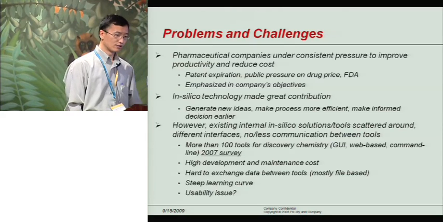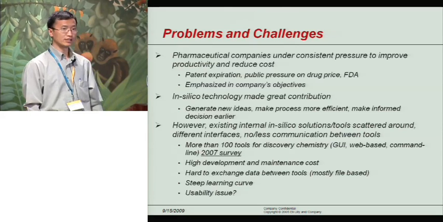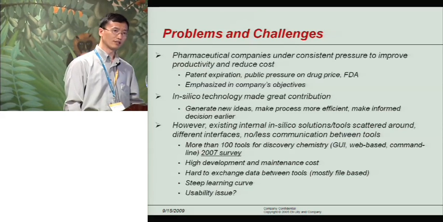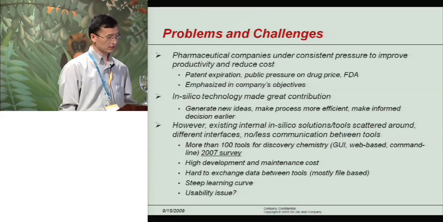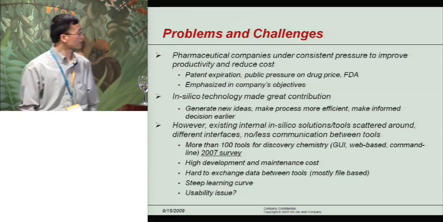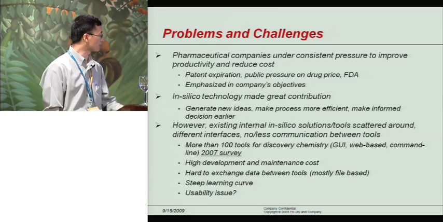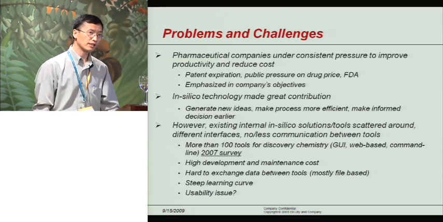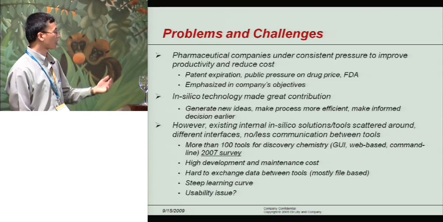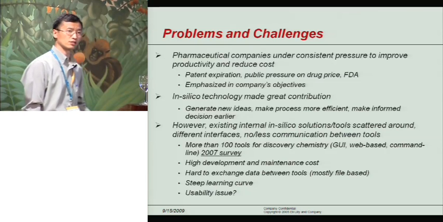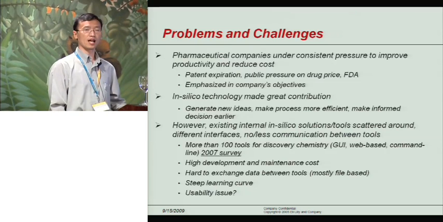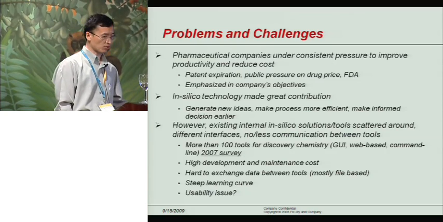They are really scattered around, they have different interfaces, and they don't have communication between different tools. In our 2007 survey, just in the discovery chemistry department, we have over 100 tools. Some are GUI-based, some web-based, or command line-based. A lot of these tools were created by computational chemists to support some specific project.